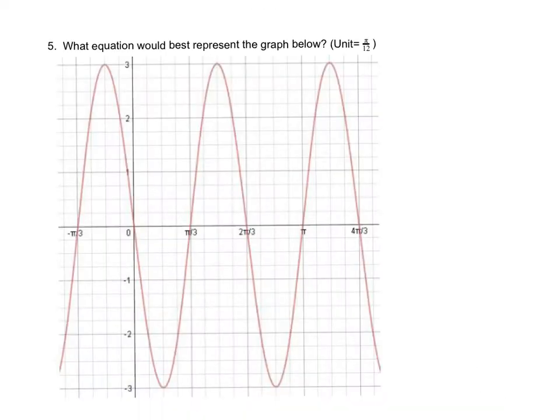So next in problem 5, we want to write the equation that would best represent the graph we have. So first we have to decide between sine and cosine, and because my graph has started at 0, 0, the easiest equation to pick would be sine, since sine also starts at 0, 0. Next, we have to identify the amplitude, period, and then any phase shifts or vertical shifts.